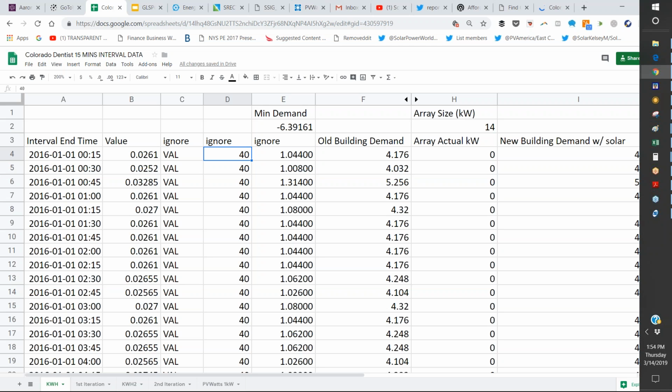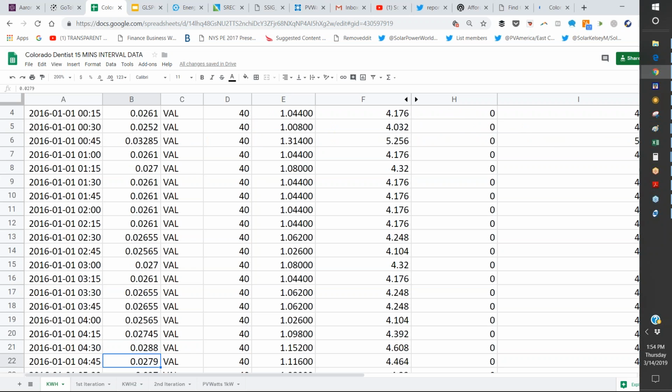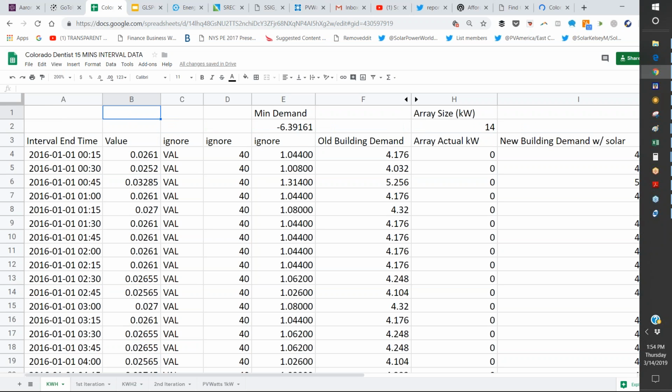They're scaling up the building demand to get from point A to point B. So you've got to make sure that you're converting the interval data that you're downloading. You have to take a look at it and make sure it reflects what they're billing you for to figure out what that multiplier is.